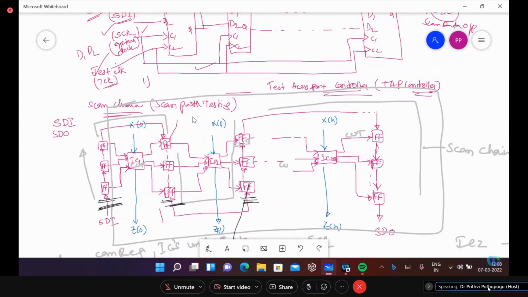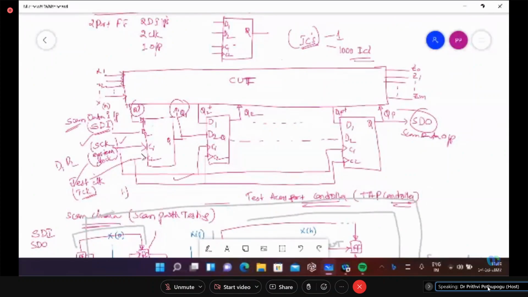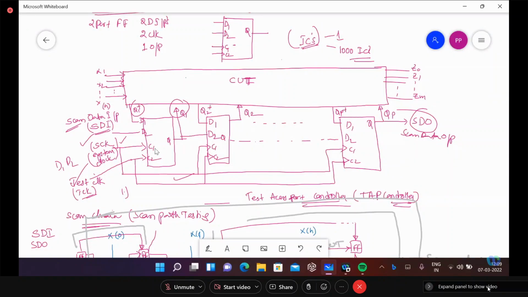Just let me refresh them. The concept of how we try to test or shift is given using your two-port setup. Okay, wherein test clock will be taking the SDI input and the system clock will be updating, or a shifting operation is done for shifting the status of your response of the circuit under test.